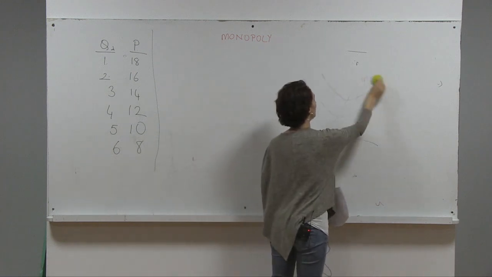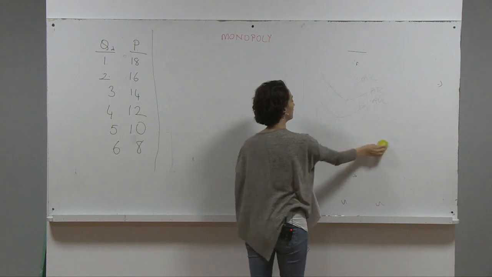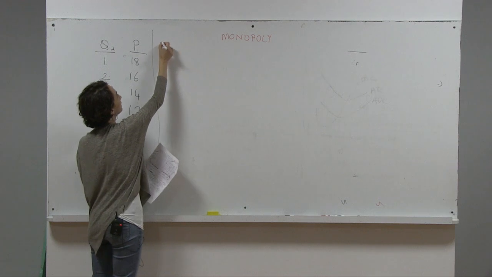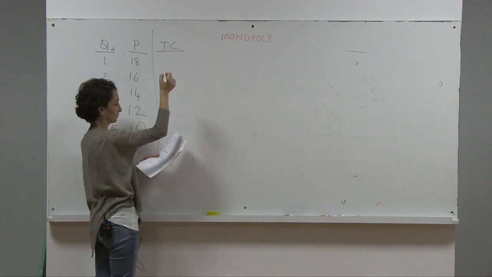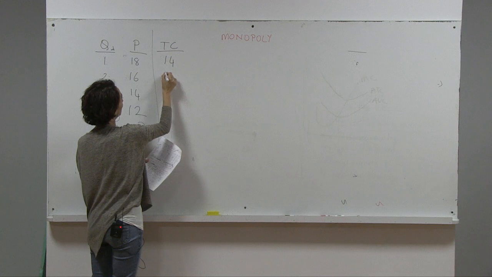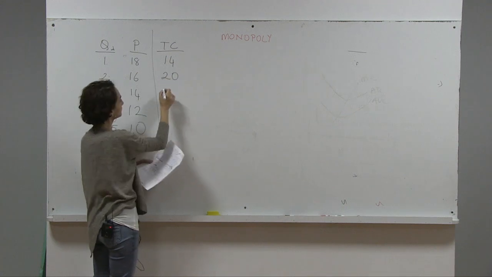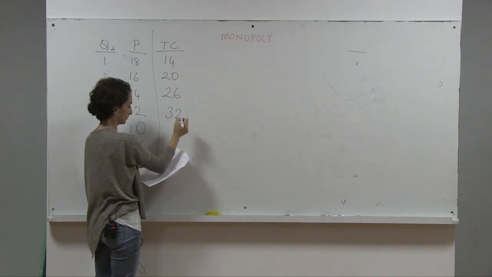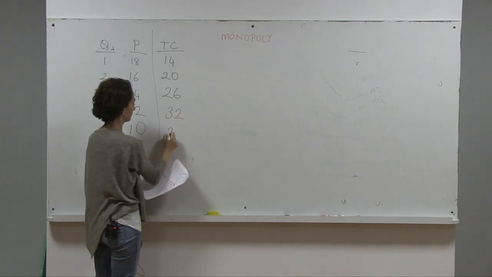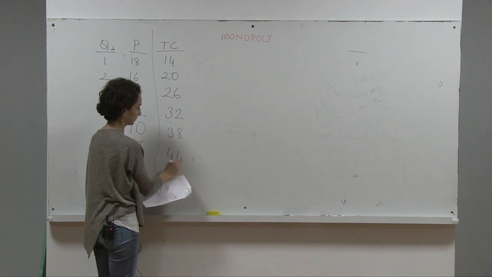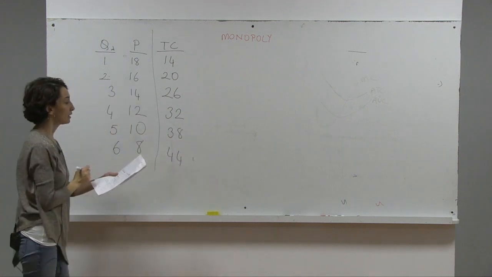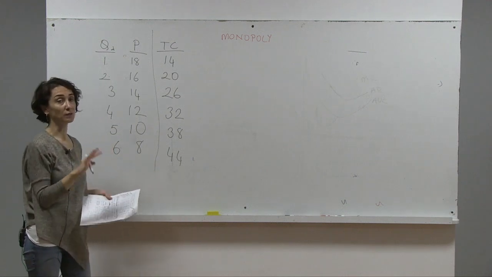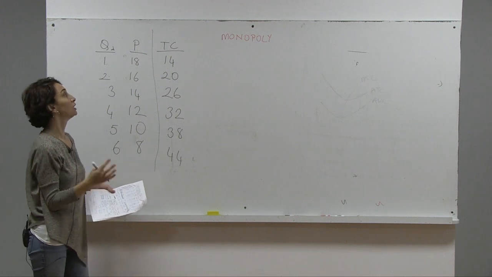So I'm giving you the cost functions in the numerical form again. I'm giving you total cost. Okay, this is the total cost. Total cost in the short run, we are still talking about short run.